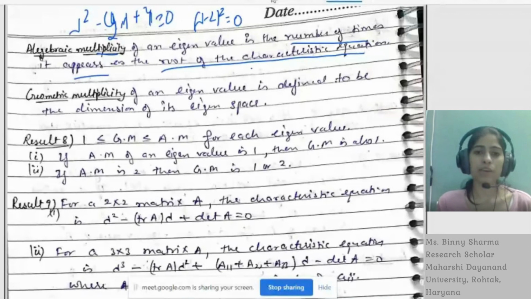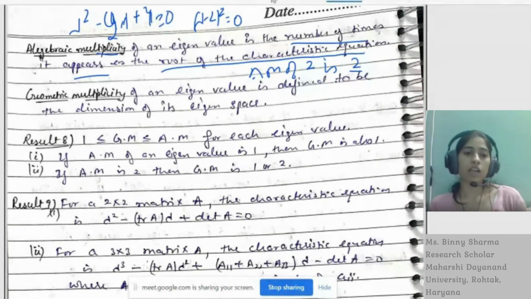So the algebraic multiplicity of 2 is 2. How many times a root appears is known as the algebraic multiplicity.